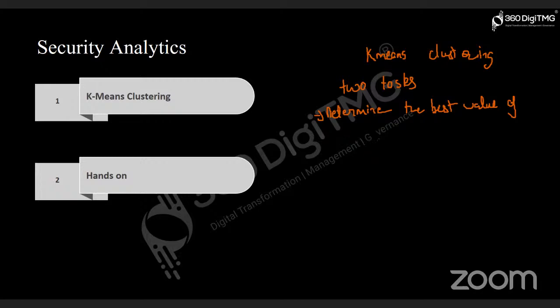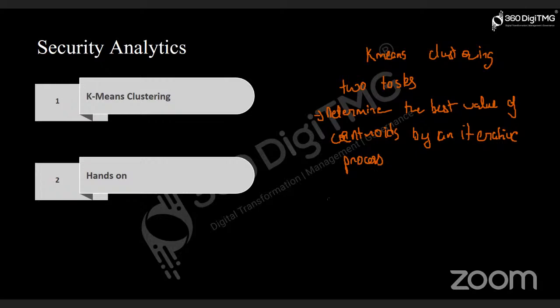Since this is a centroid based algorithm, we are trying to determine the best value for these centroids by an iterative process. We are iterating through some values and we are trying to determine our best k-means.